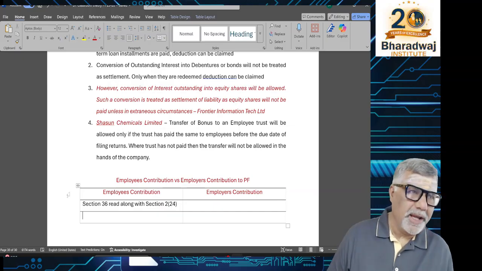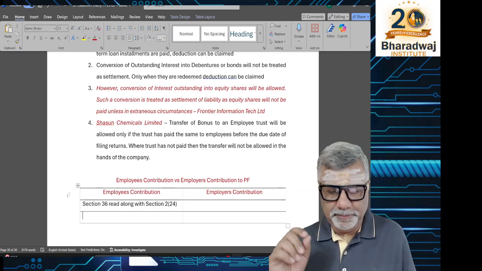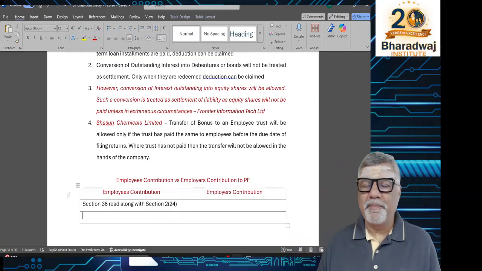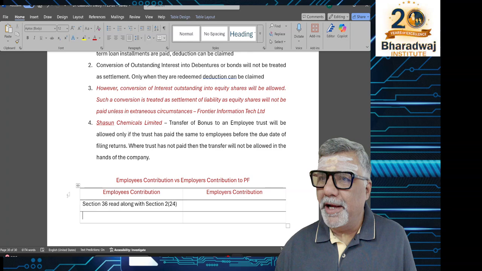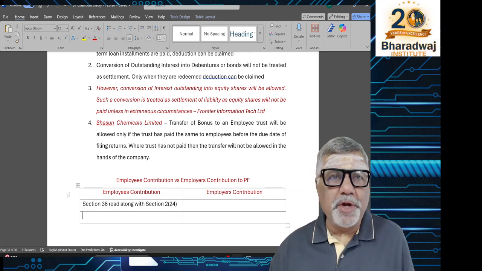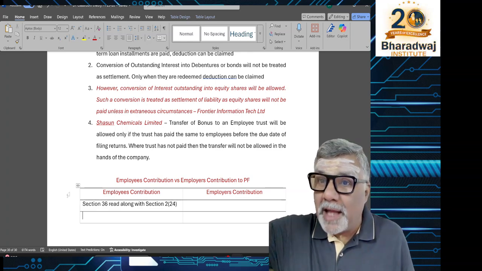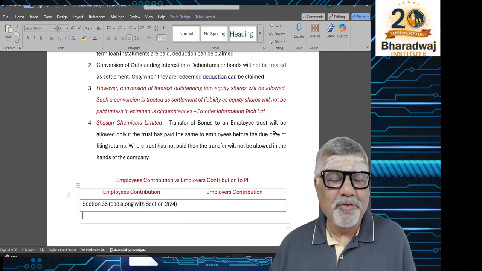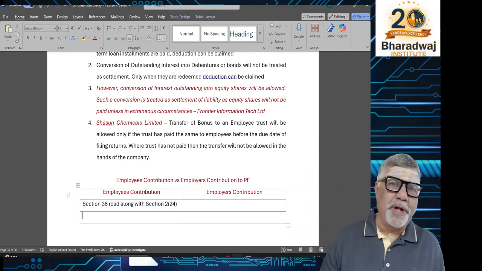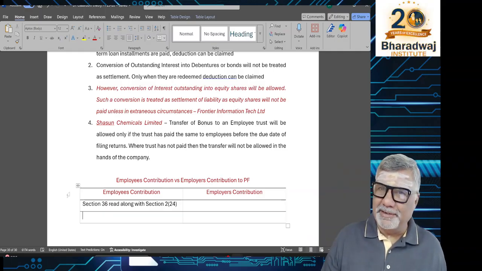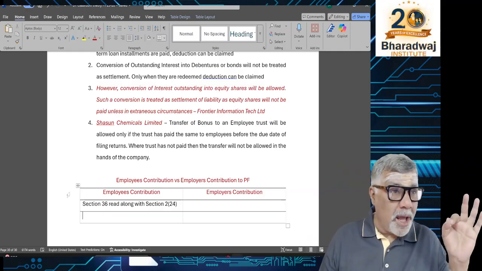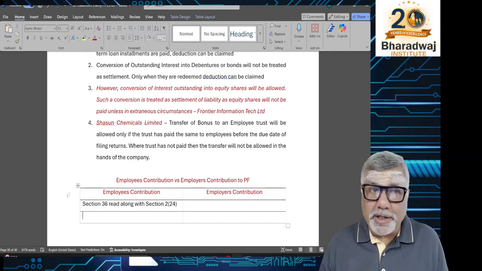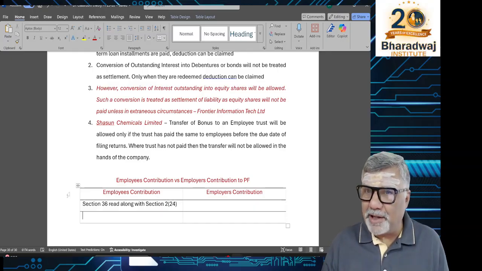Employees' contribution should be paid within the due date mentioned under the respective law. For that, it is not the due date as per filing of return. It should be on a month basis, not even what is outstanding on 31st March.